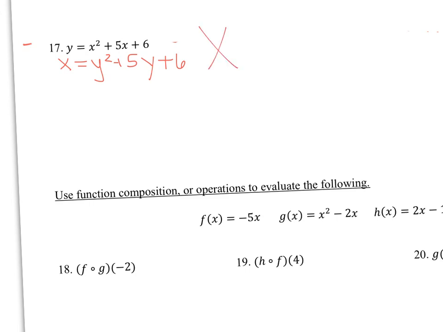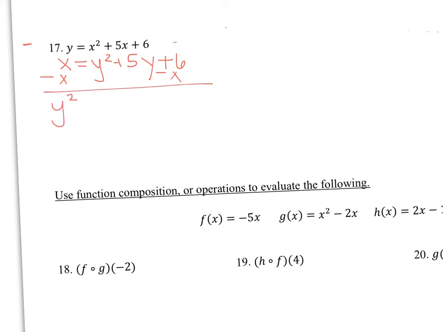If I factor this, I get 6 and 5, so that's 3 and 2. Notice these don't match, which means it's not going to be a nice solving problem. So what do I do when factoring doesn't work? I can complete the square if I want to, but it's actually quicker to use the quadratic formula. In order to use it, my equation has to equal 0. So how I make this equal 0 is I subtract x on both sides.